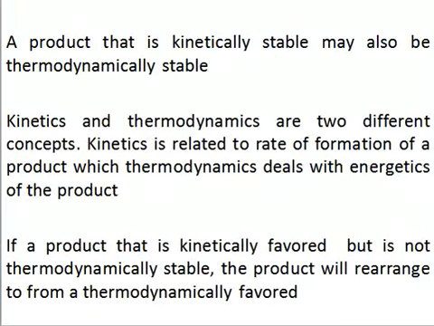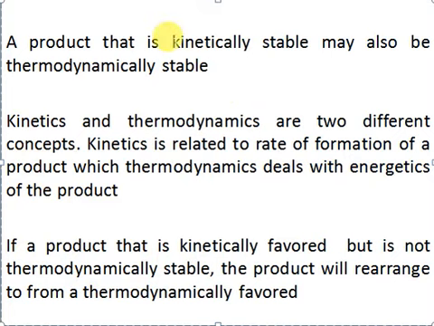So if a product is kinetically stable, it may also be thermodynamically stable, or it can also be thermodynamically unstable. So kinetic stability and thermodynamic stability are two different concepts.